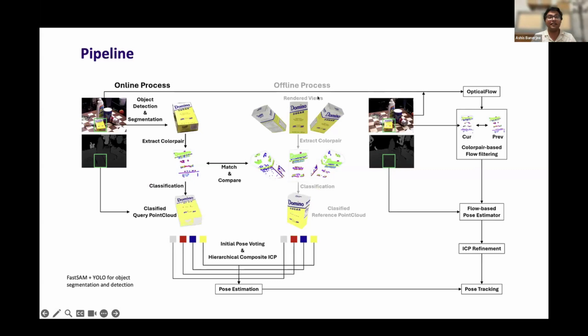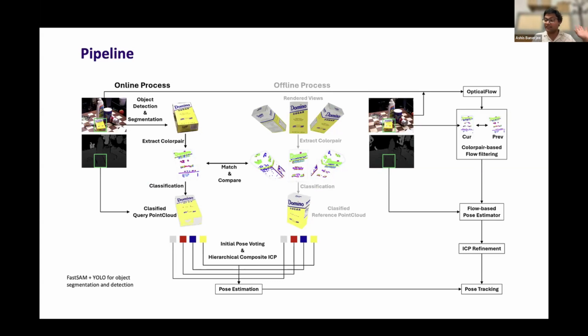Again, one of the similarities here with what I was explaining earlier for object recognition is that all the offline training or model preparation processing is done purely based on synthetic images. This is again not using any kind of real-world data in the offline phase at all.